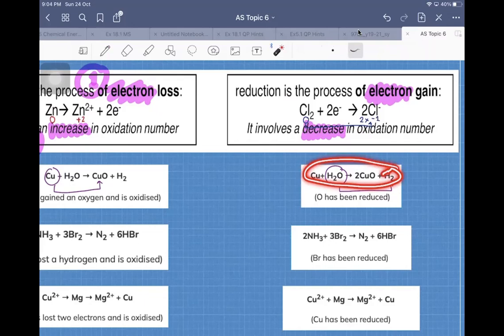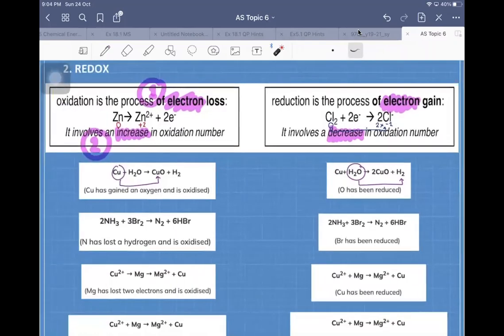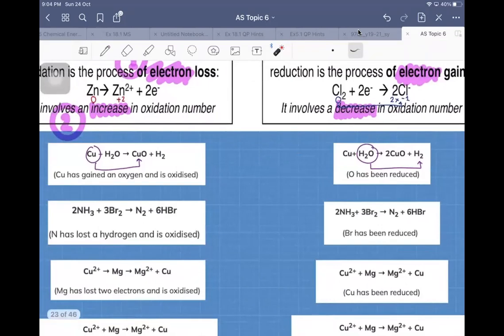Now you don't see the electrons here, so this is also difficult if you want to spot whether you gain or lose electrons. So the easiest way would be using oxidation number. You really have to be good at working out the oxidation number of each element in each formula.